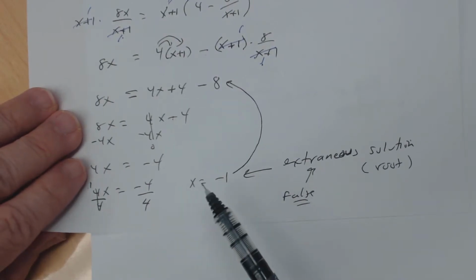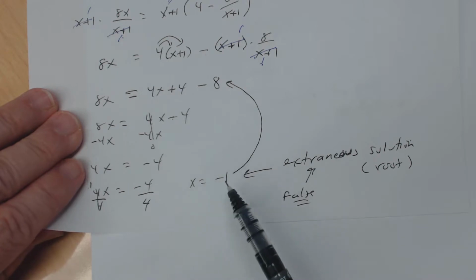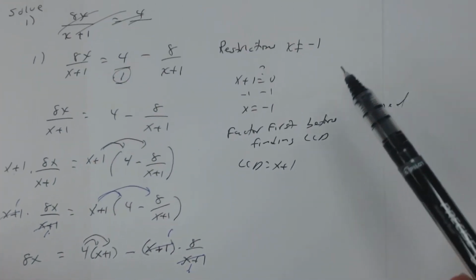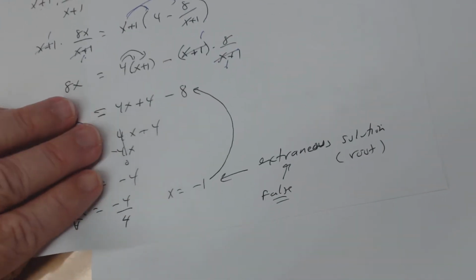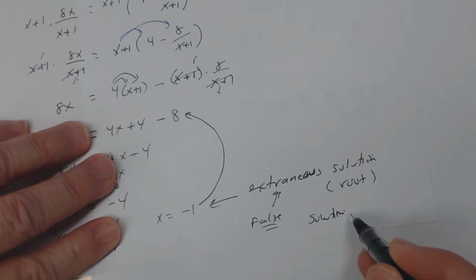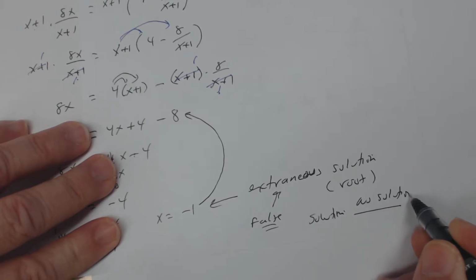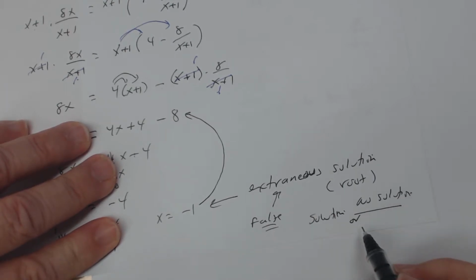Okay, so now here's what you're going to do. Listen carefully. Since you solved all this, you got x to be negative 1, and it turned out to be a restriction, you're going to say your answer, your solution, if that's your blank, you're going to say no solution. Or in my math lab, they may use the symbol empty set.